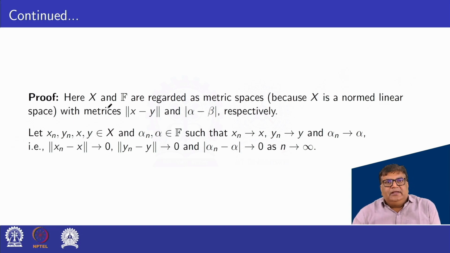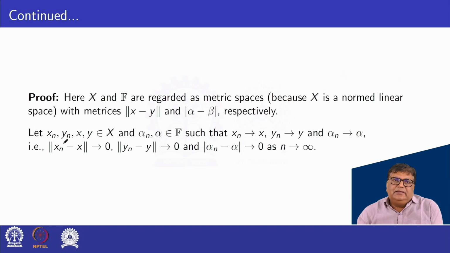Here X and F are regarded as metric spaces, because X is a normed linear space with metric norm of x minus y, and F with modulus of alpha minus beta, respectively. Here x and y are elements of X, and alpha and beta are elements of F.